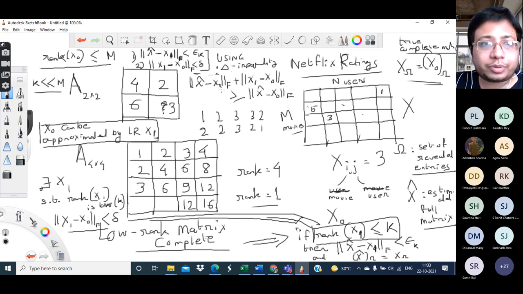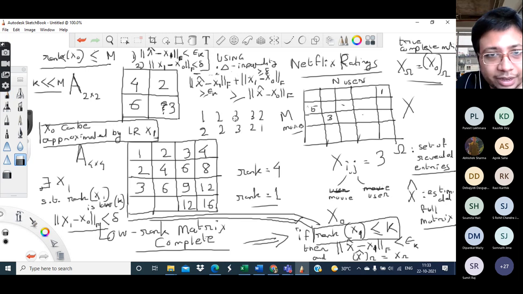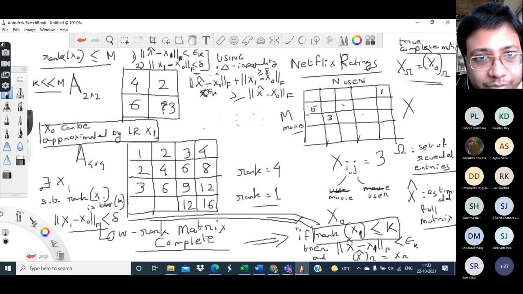Fine. So I know that the first thing is less than or equal to epsilon K, and the second thing is less than or equal to delta.